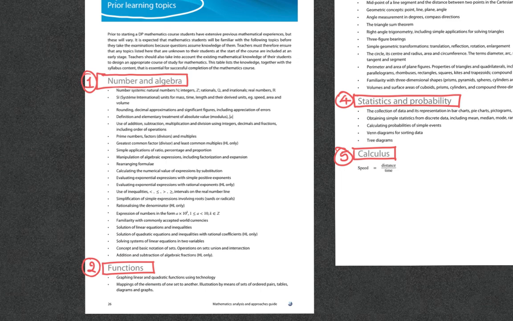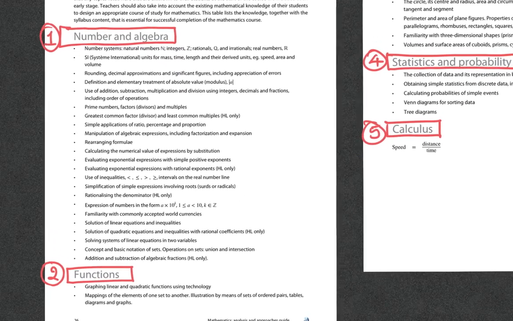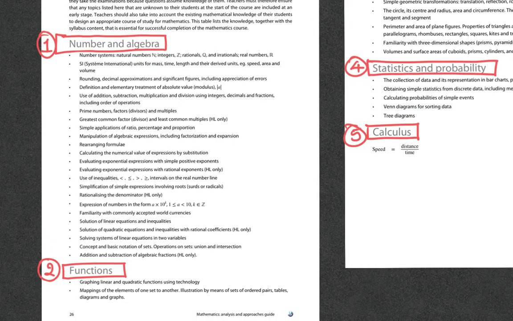What you have here is just the prior learning topics needed in order to be able to access the IB material. So this is not the IB learning objectives. This is what you should have covered if you want to have a successful transition.